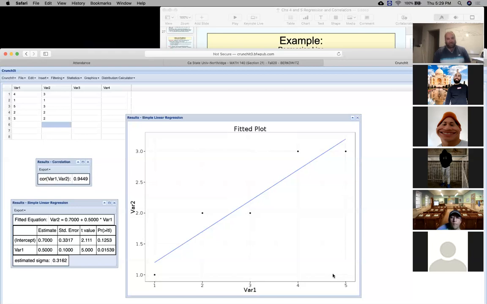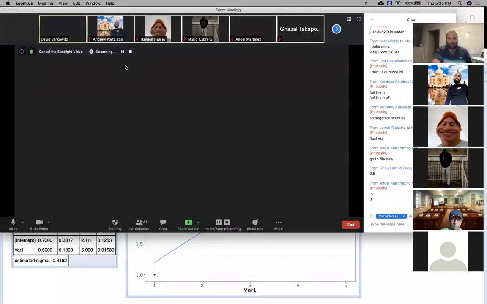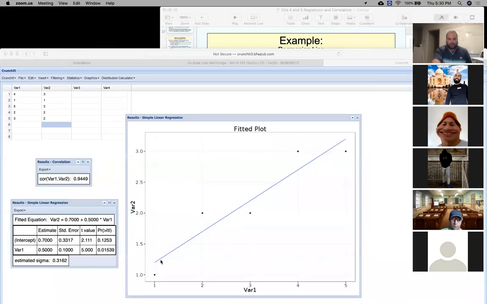Remember, the y-intercept is the value when x is 0. Yeah, some people responded, I just didn't see it until now. The y-intercept is the value when x is 0. It doesn't go that far because the line only spans between my leftmost and my rightmost point. But if I were to continue along to when x is 0, it would be about 0.7.